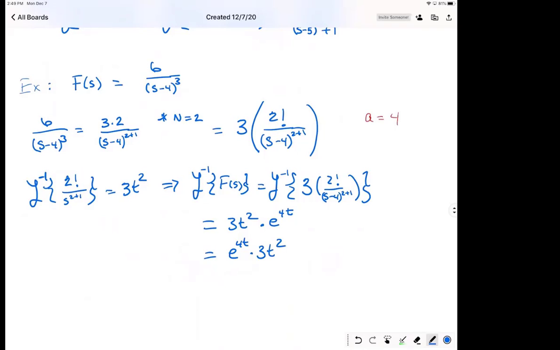And so this is the shifting theorem that I can go back and forth and save myself quite a bit of algebra and a headache when I'm trying to make these transforms from t to the Laplace transform space and then back. So this first shifting theorem is very powerful to help us with that.